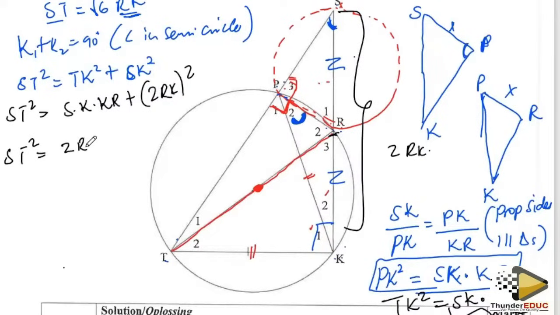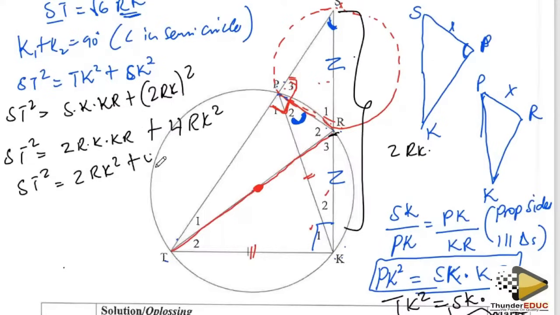So ST squared is going to be 2RK squared plus 4RK squared. And this is going to be ST squared being the same as 6RK squared.